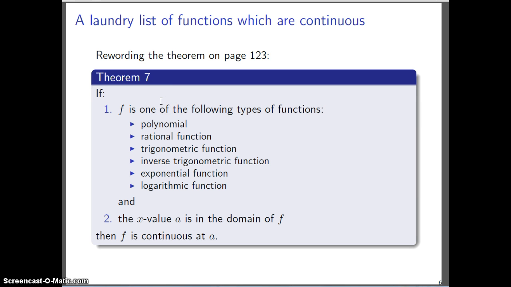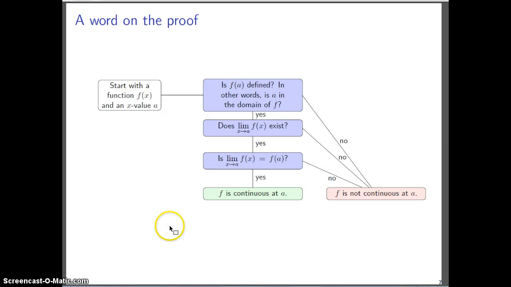The book doesn't really prove this either, and the proof of something like this is kind of difficult. We actually just went through what happens for one trig function, namely sine, at one particular value in the domain. But really the point is, for each of those functions on that list that we just saw, and for each a value in the domain, somebody went through this particular flowchart, in a sense, or gave an argument that you could go through this flowchart, and that you'd always get yes, yes, yes, and so the function would be continuous.